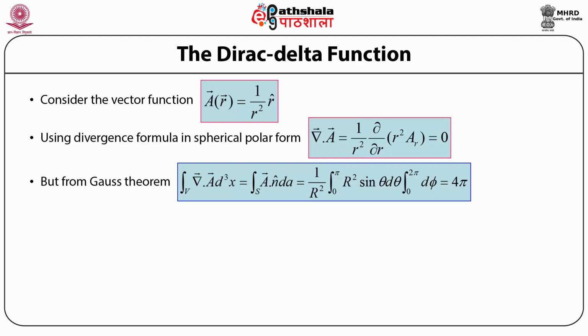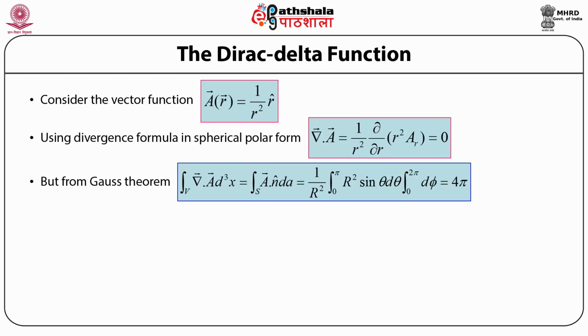This turns out to be equal to 1 by r square times the integral with limits going from 0 to pi of r square sine theta d theta times the integral over d phi with limits going from 0 to 2 pi, and this turns out to be equal to 4 pi.